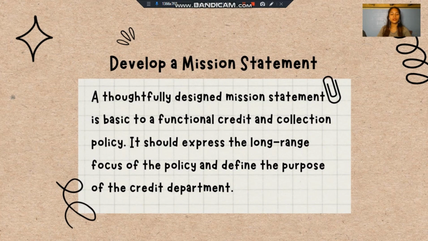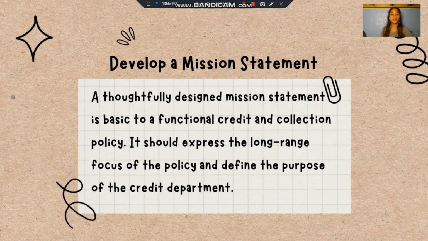Next is to develop a mission statement. A thoughtfully designed mission statement is basic to a functional credit and collection policy. It should express the long range focus of the policy and define the purpose of the credit department.